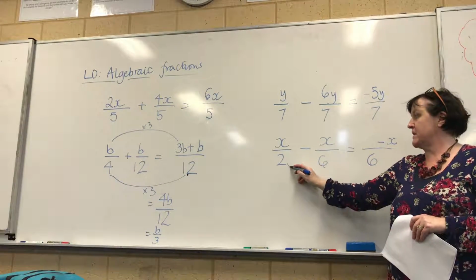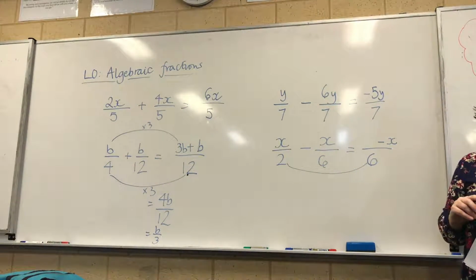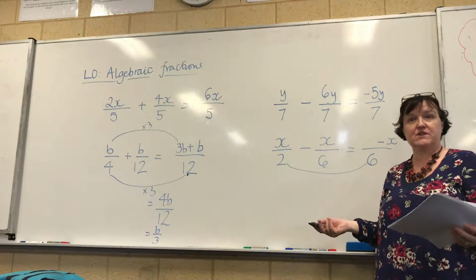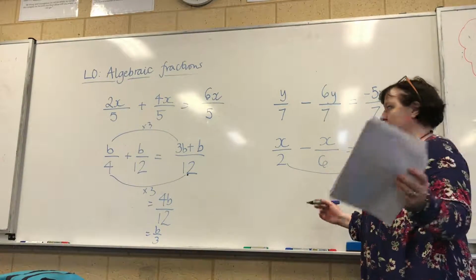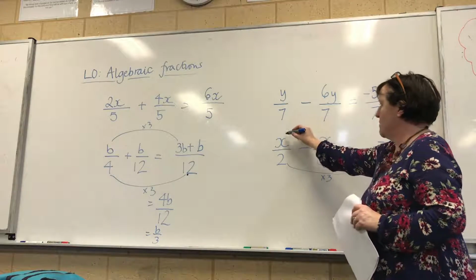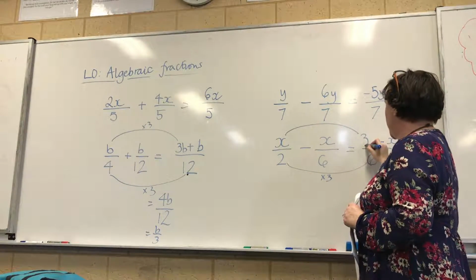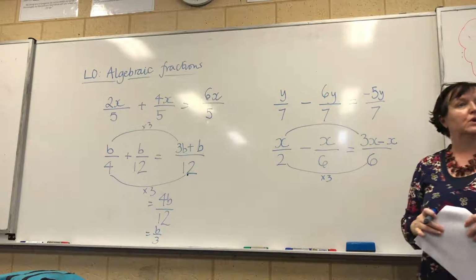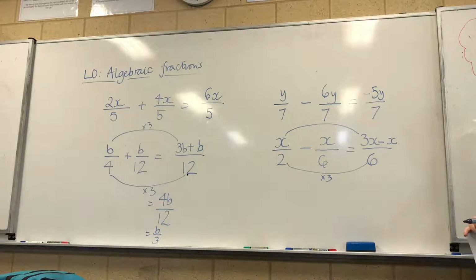Look at the relationship between the old denominator and the new one. What's happened to the 2 to make it 6? Multiplied by 3 again. Multiply that one by 3 because you apply it to the numerator.